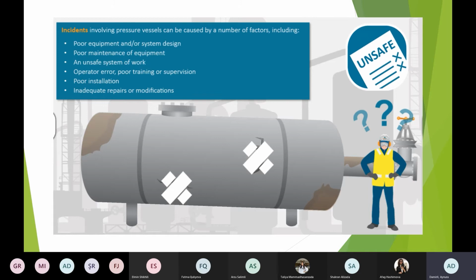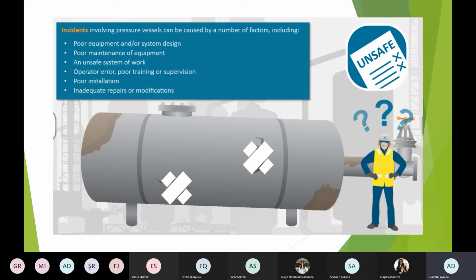Poor maintenance of equipment: for example, if we see that there is rainwater or some leak close to equipment, and we are not cleaning this area or the equipment on time, it leads to an incident of pressure vessel.